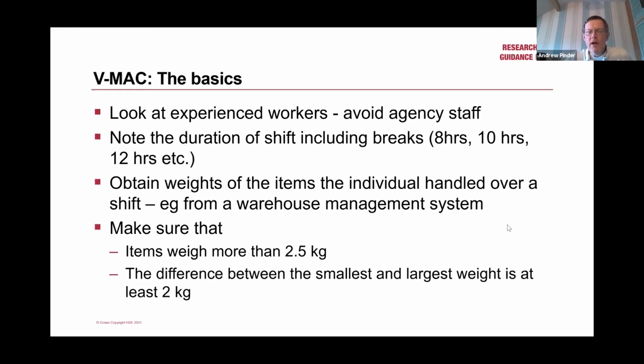And you also need to make sure that you've got sufficient range in the weight. If everything weighs the same, the VMAC really won't tell you anything. You'd just be wasting effort. So we'd recommend that you have an absolute minimum difference between the smallest and largest weights of 2 kilograms.